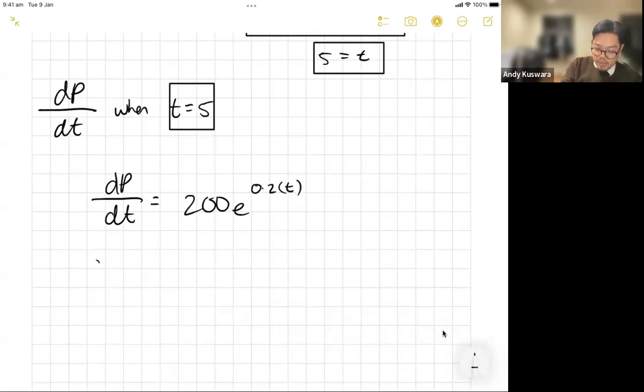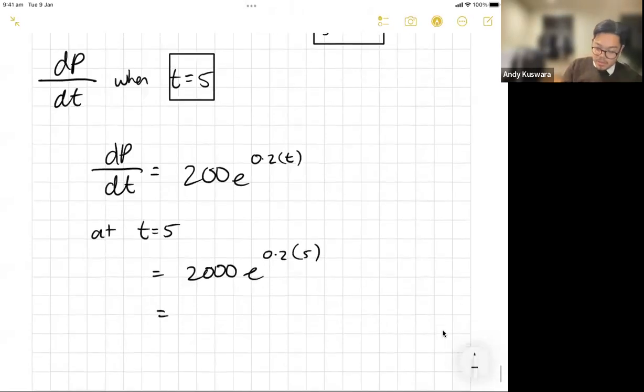And so at t equals 5, all we need to do is sub it in, 2000 e to the 0.2 times 5. And that becomes 2000 times e to the power of 0.2 times 5. Let's see if I can fix that. 0.2 times 5.